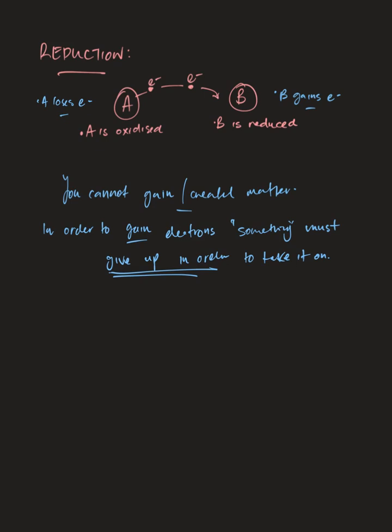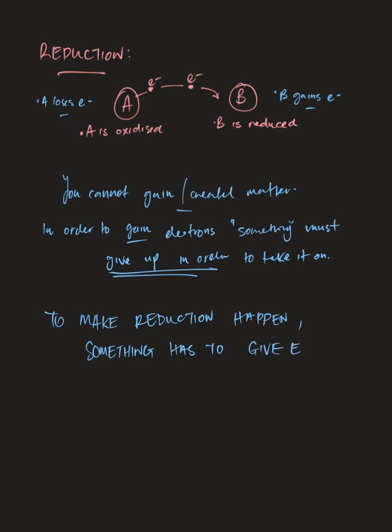So to make reduction happen, something has to give electrons to the thing that is being reduced, which I know is B. So to make reduction happen, something must give electrons.